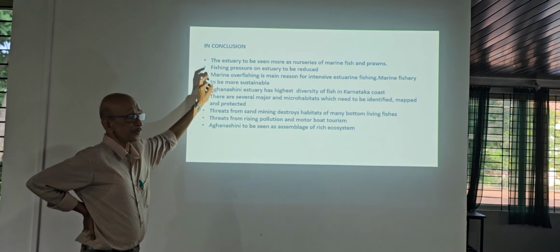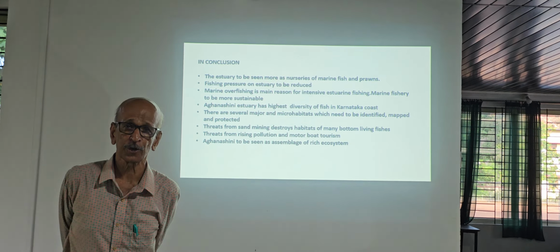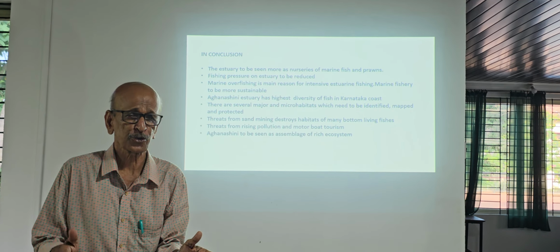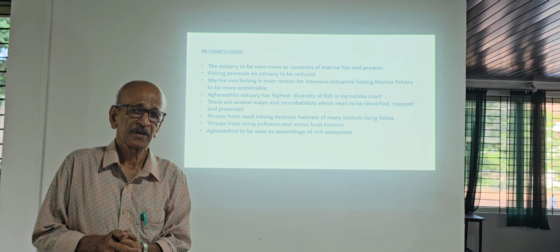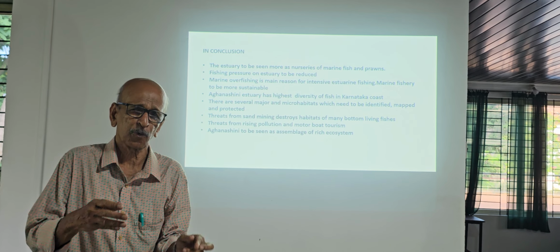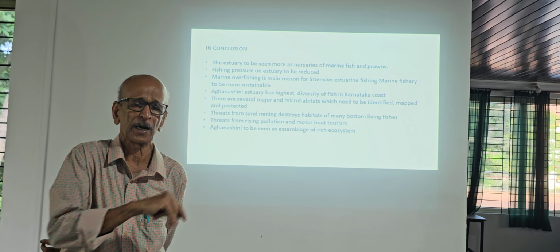And also the fishing pressure in the estuary has to be reduced, because most of the fish and prawns caught in the estuary are young stages, they are not the adults. So the adults go to the sea for multiplication.